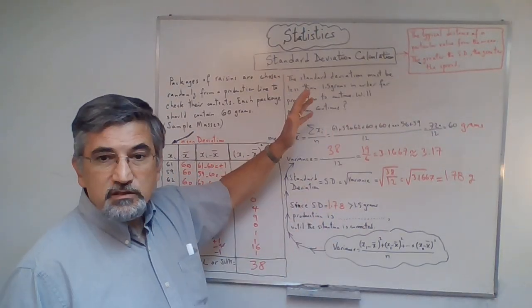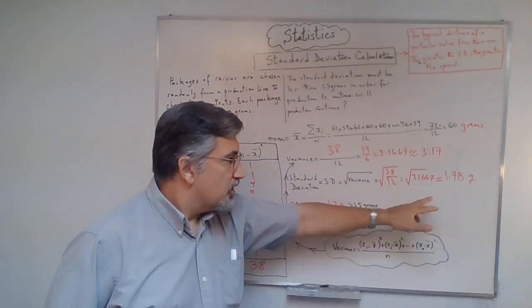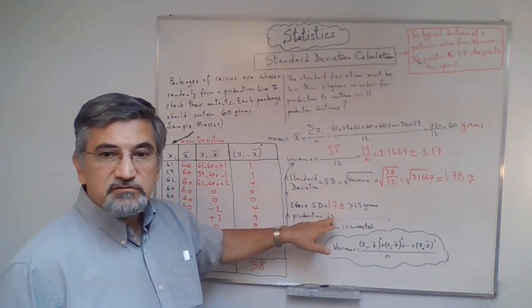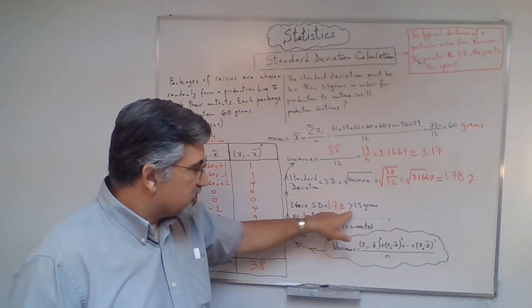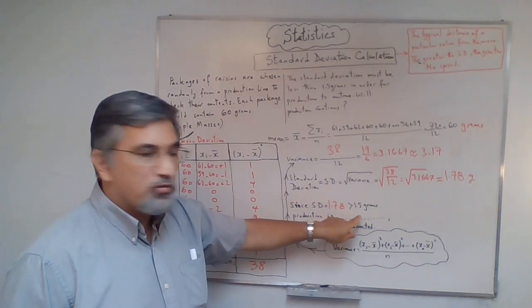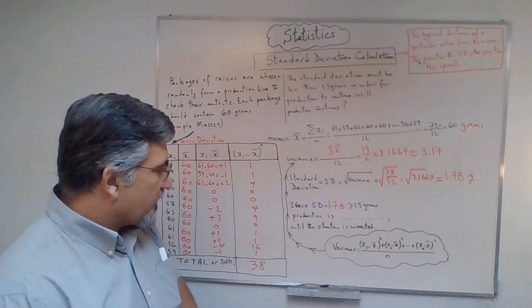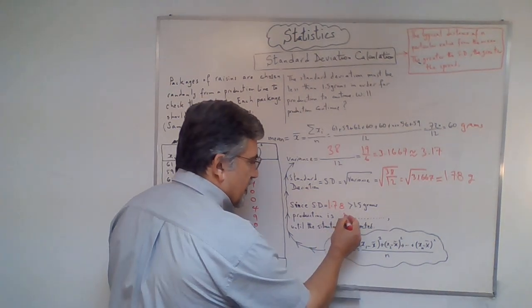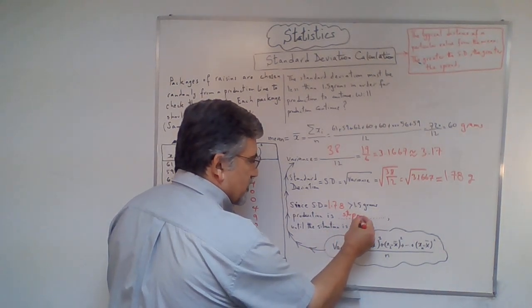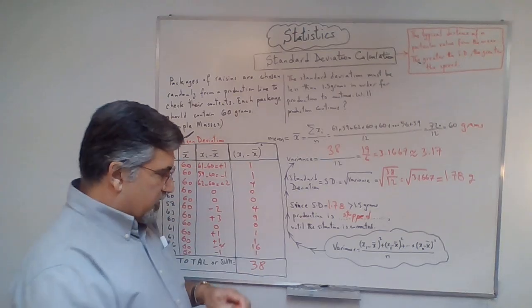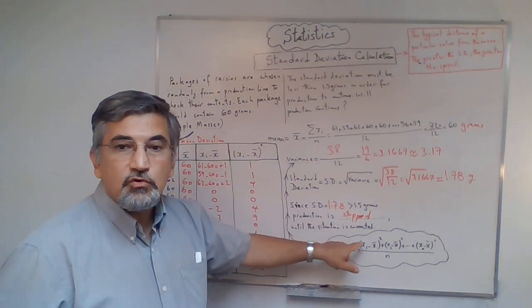So everything depends on this number, as you see. 1.78, the standard deviation that you and I calculated, is unfortunately greater than 1.5 grams. It's more than that, okay? So the production is actually stopped. We have to stop the production until the situation is corrected.